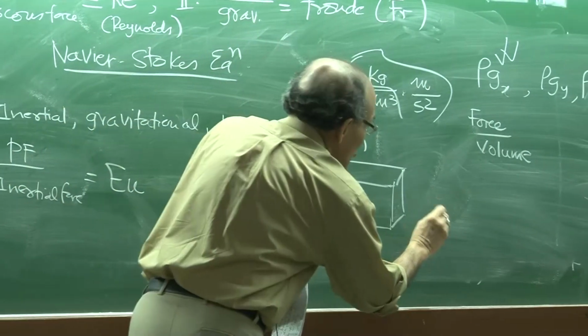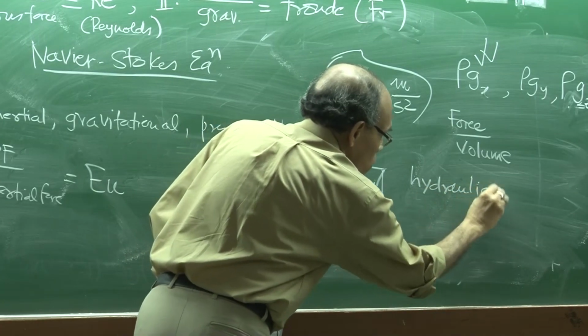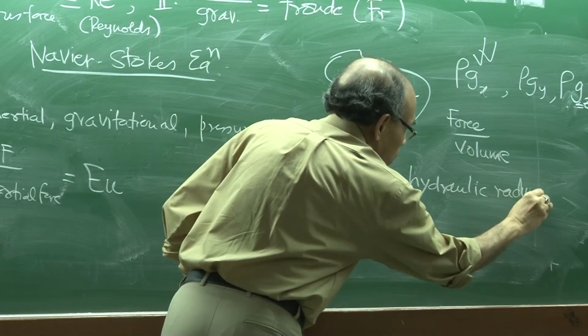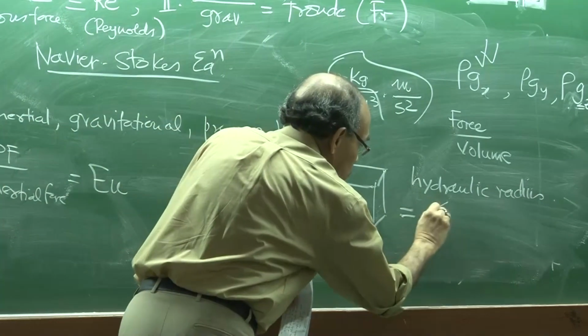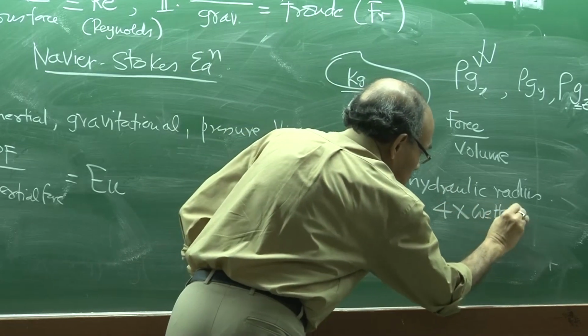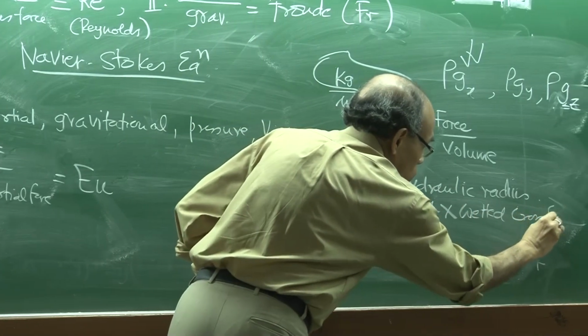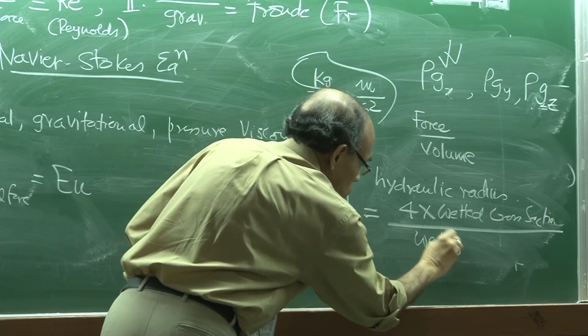We call it the equivalent diameter or hydraulic radius. So, hydraulic radius is the characteristic length, and essentially the definition is 4 into wetted cross section by wetted perimeter.